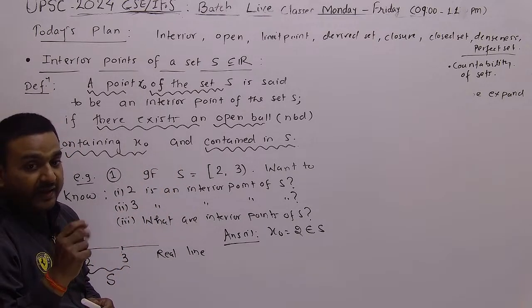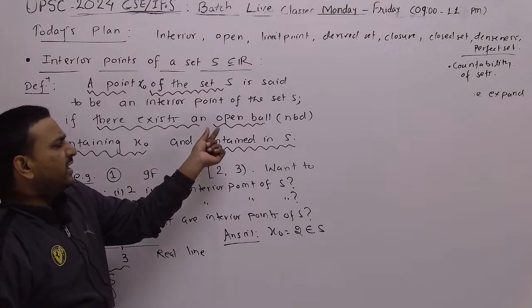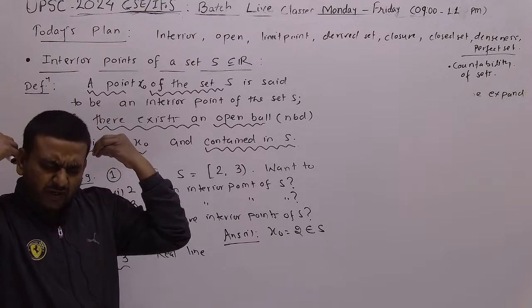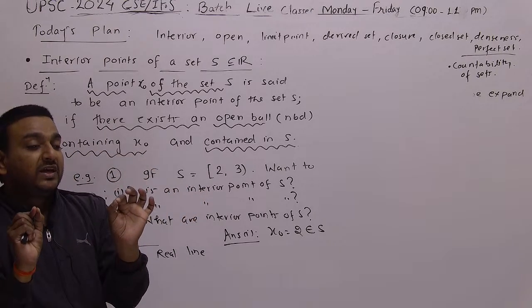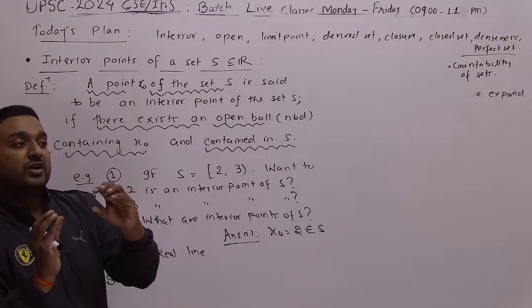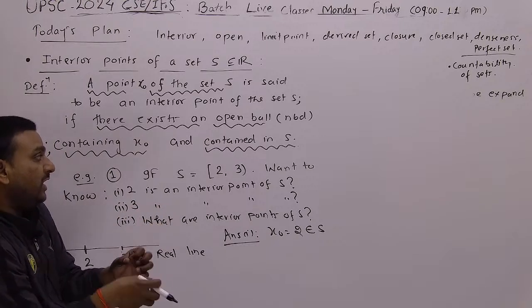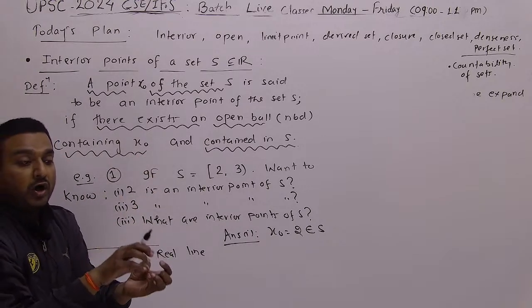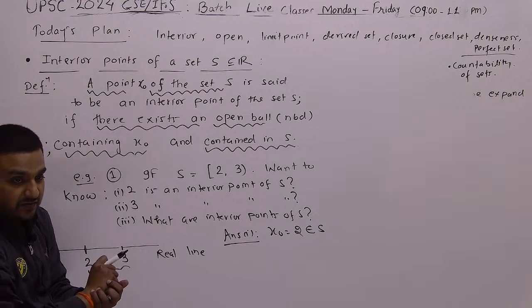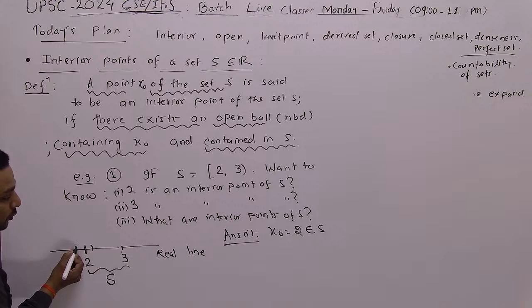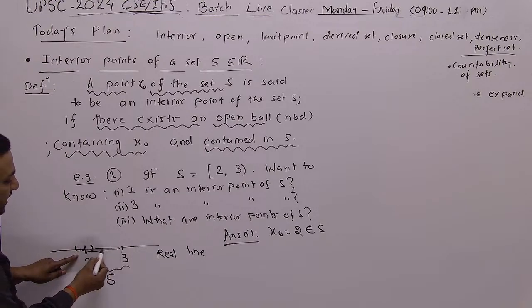I didn't mention what should be the radius. Whatever small radius you wish, 0.00001, whatever, only give me at least one open ball which contains x naught, meaning 2, and contained in S, meaning that ball must be contained in S. If you take any ball, whatever small radius you take, the ball will contain these points as well, but these points are not inside the set.